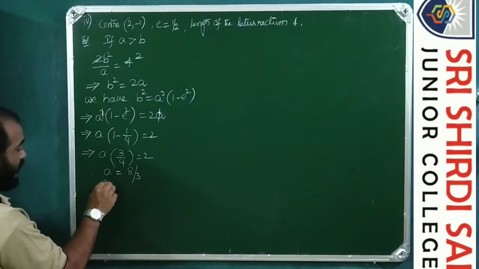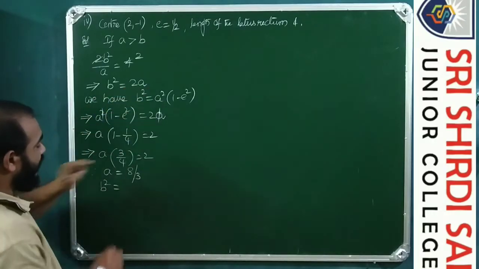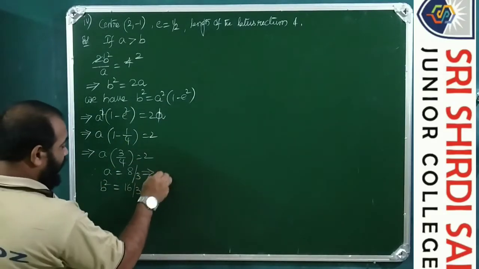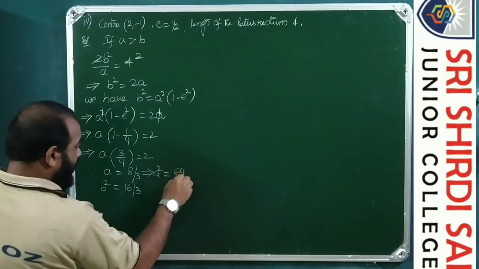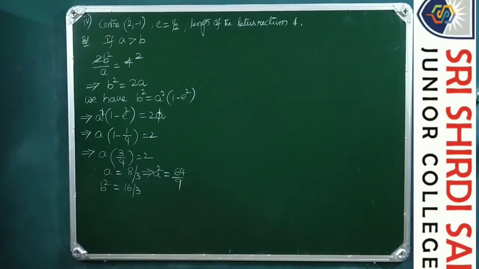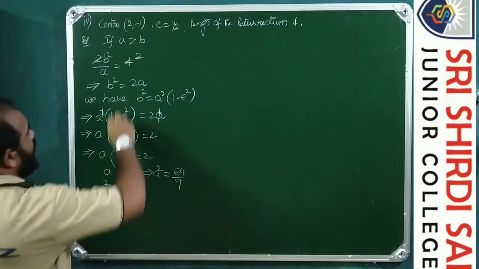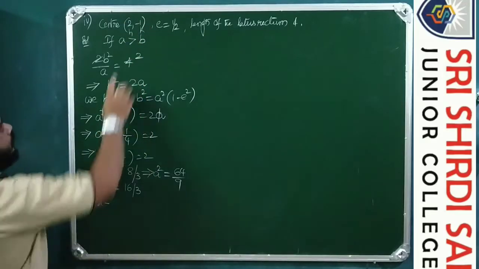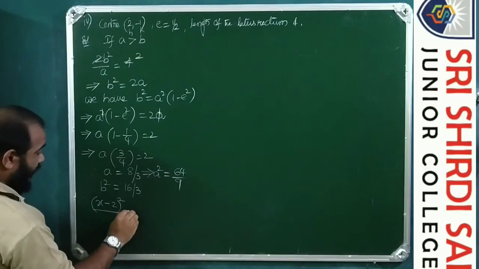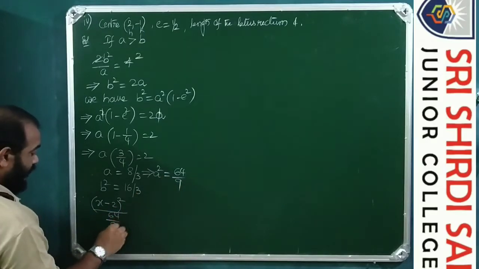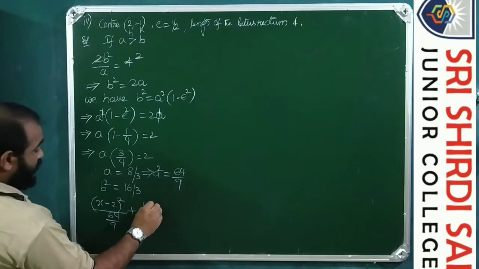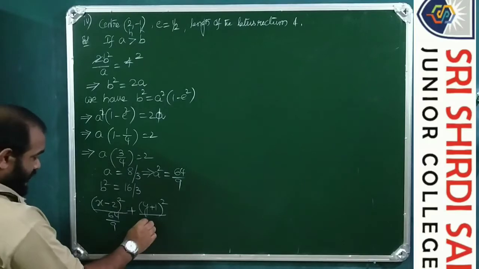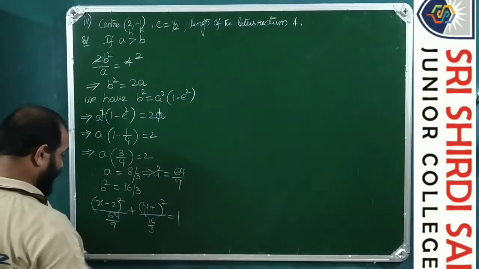Then B square equals how much? 2 into A, 2 8s are 16 by 3. So from this, A square is equal to 64 by 9. Therefore, the equation of the ellipse with h comma k, 2 comma minus 1, is x minus 2 whole square by A square, 64 by 9, plus y plus 1 whole square by B square, 16 by 3, is equal to 1.